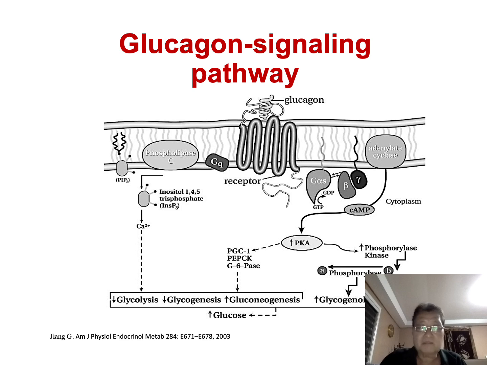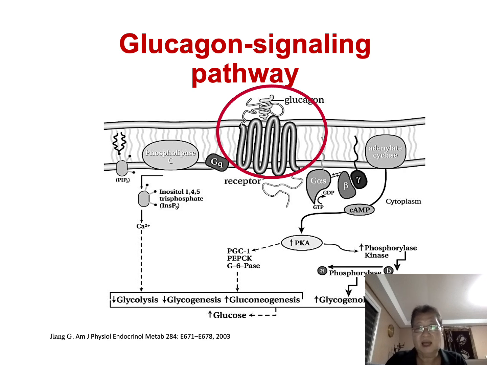Now, it's important to understand the receptor for glucagon. It is called a G protein coupled receptor. G protein coupled receptors are a very large family of human membrane receptors. It is also called a 7 transmembrane receptor because the protein crisscrosses the membrane 7 times. As you can see, you can count it, 7 times crisscrossing the membrane.